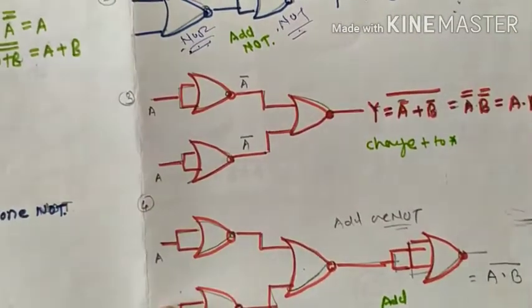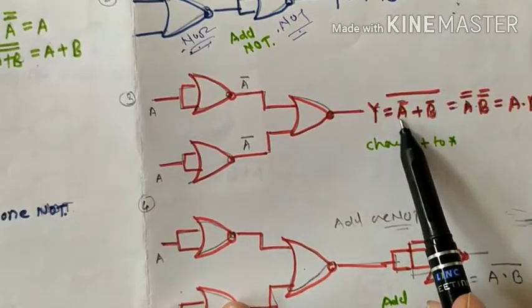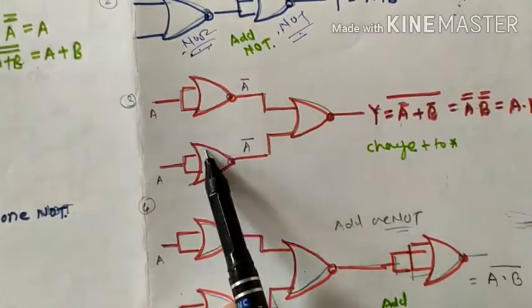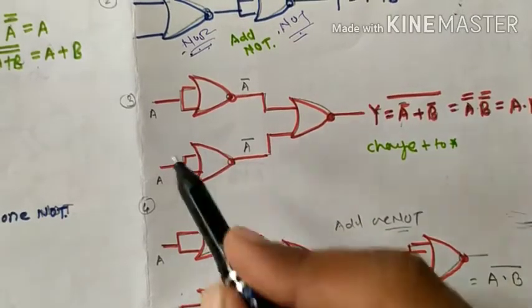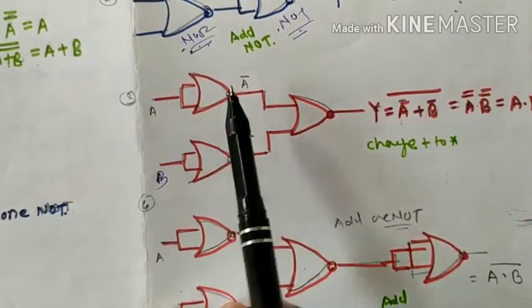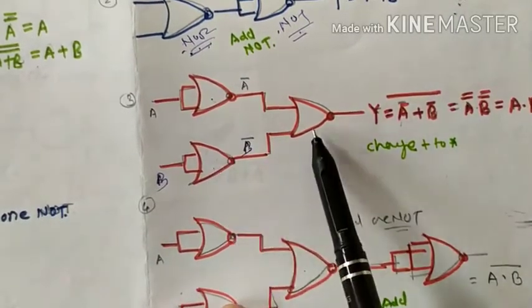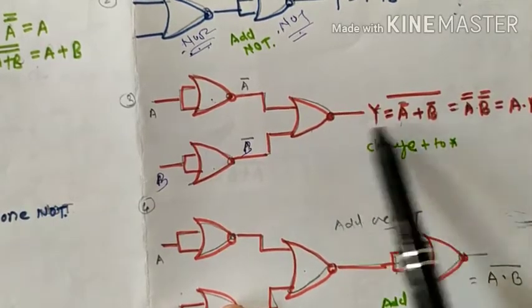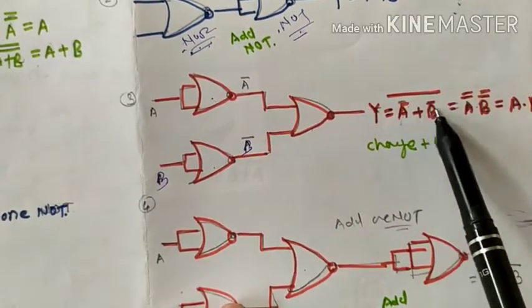See the next one here: A bar, then B bar. This is A bar, this is B bar. A bar and B bar joined with the help of a NOR gate. So it will be (A bar plus B bar) whole bar.